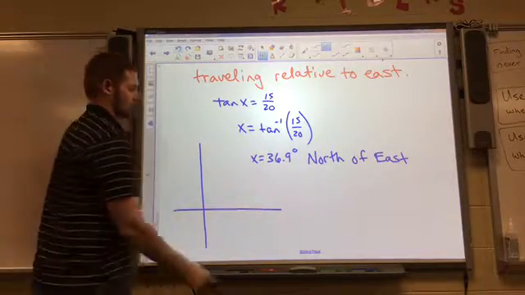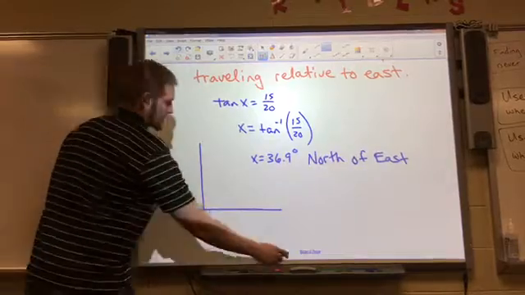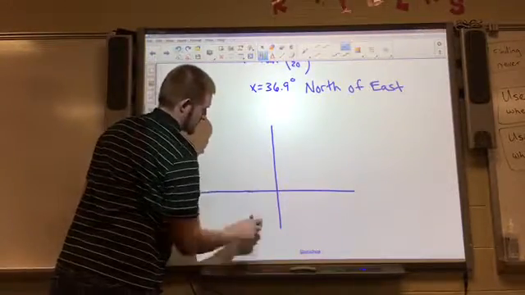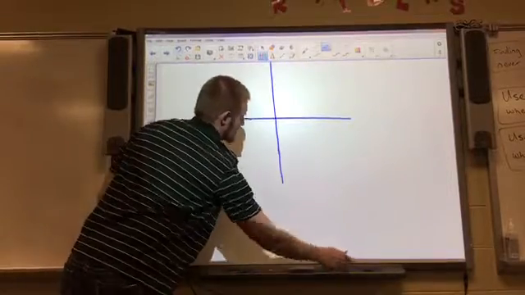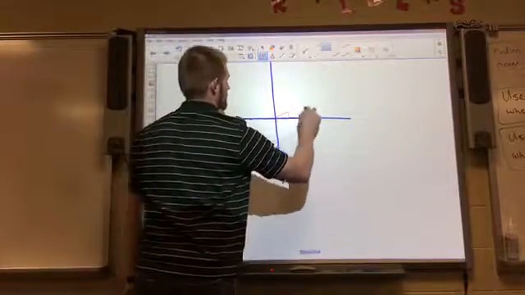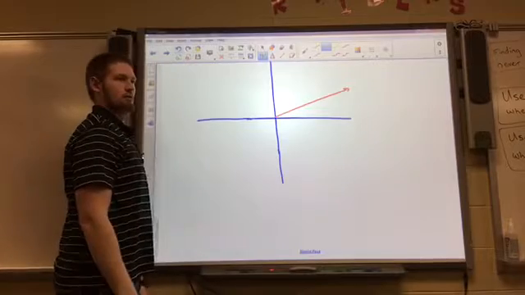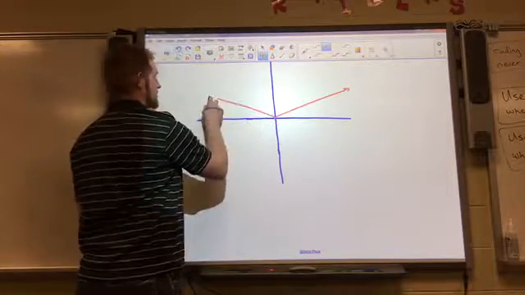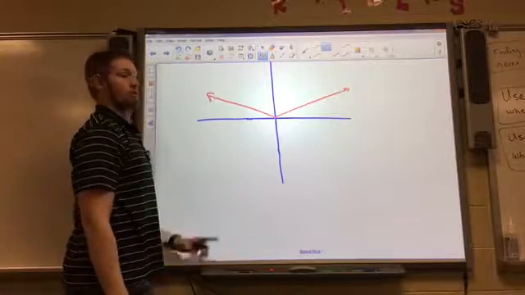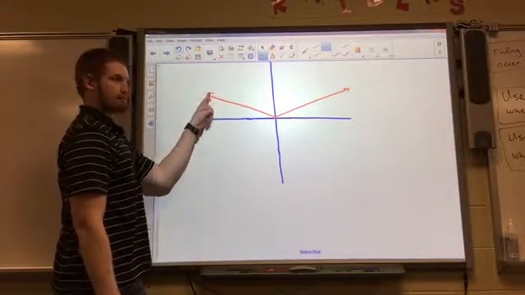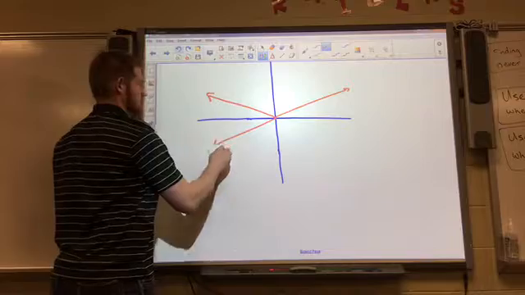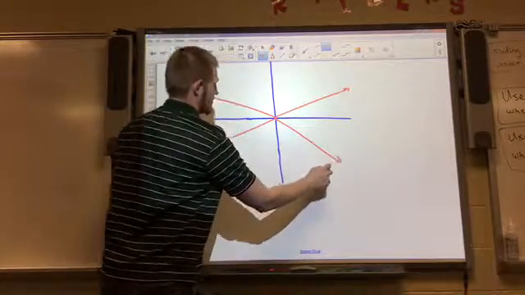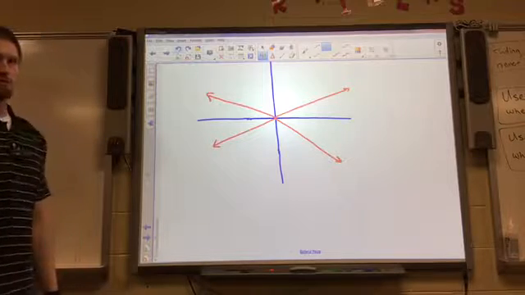So this vector, let me get this down here. This direction would be north of east. This one would be north of west. This would be south of west. This would be south of east.